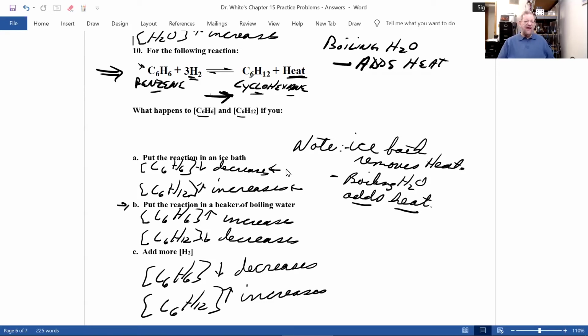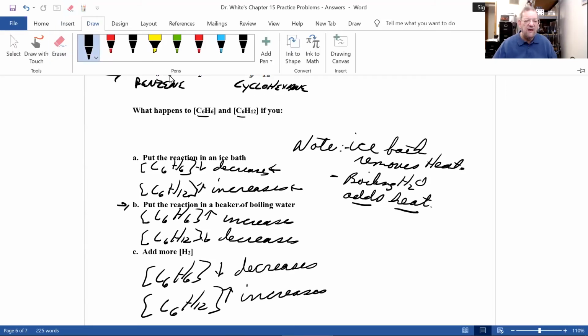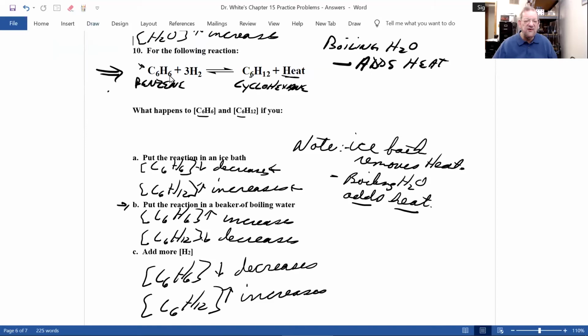And therefore, at equilibrium, we had a certain amount of heat. Now, putting it in boiling water adds heat.